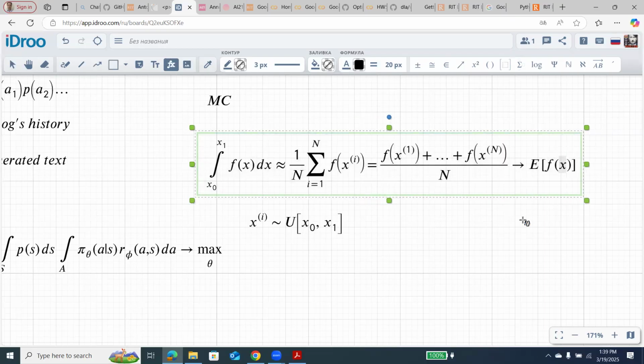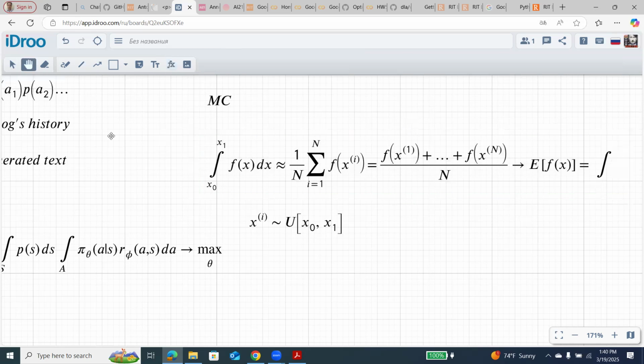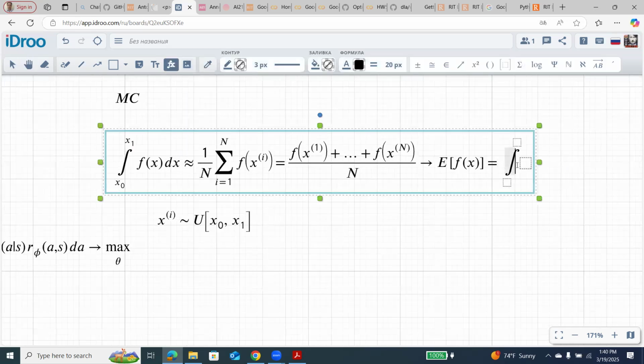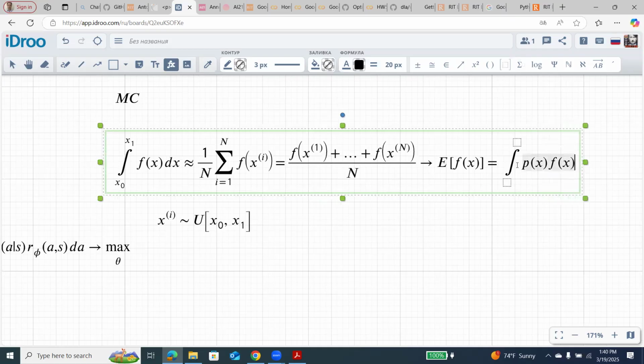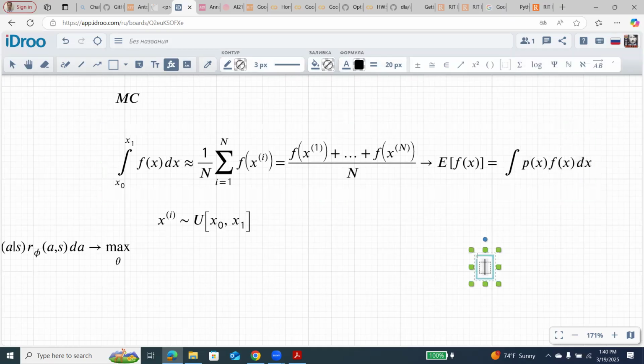And what is the mean? The mean depends on the distribution. The mean is the integral, so that's why we will get an integral estimation of the probability density function p of x times our function dx. If you use the uniform distribution, what is the PDF for the uniform distribution?